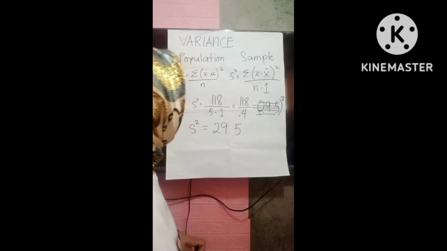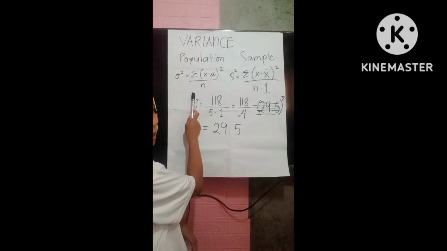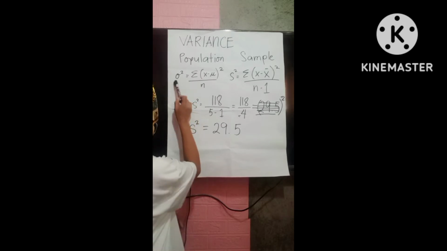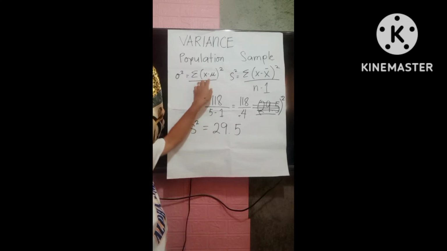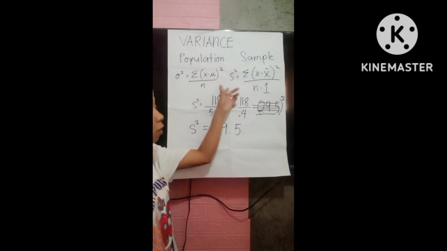For the population, the formula uses the Greek letter sigma squared equals the summation of x minus mu raised to the power of 2 over n.